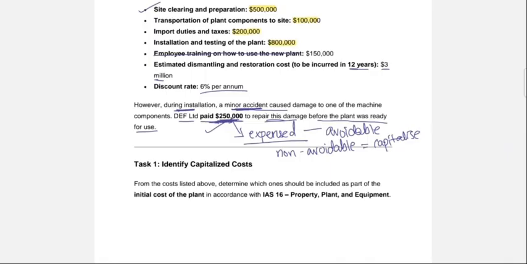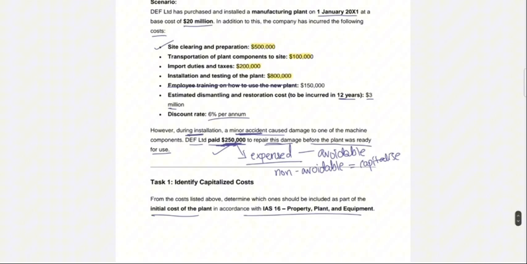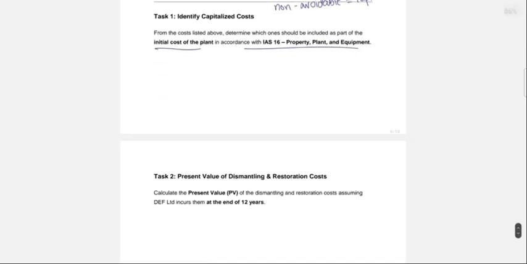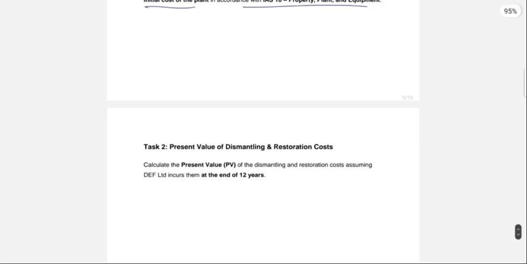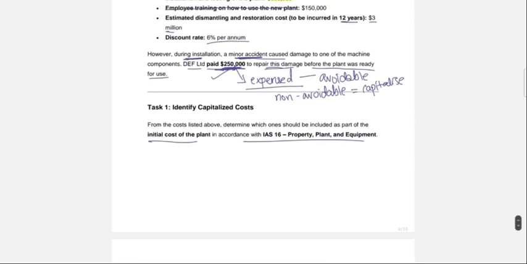Remember this. Okay. So let's look at the costs which would be included, which we have already discussed. From the initial 2 million, we will add all the highlighted costs. And then let's calculate the present value of the dismantling, assuming that it would be incurred at the end of the 12 years. So let's write down the formula: present value is equal to future value multiplied by (1 plus r) raised to the power of minus n, where r is the discount rate.